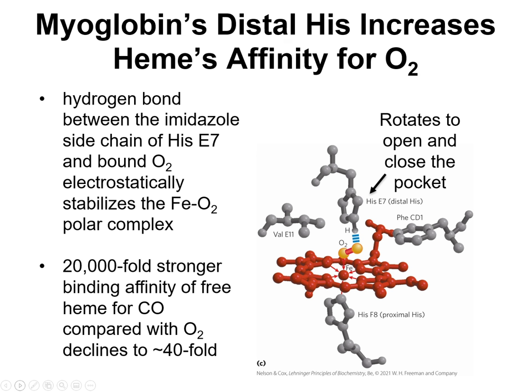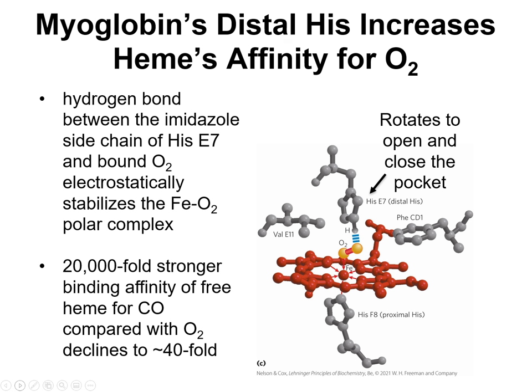There are several interactions within this pocket that encloses the protoporphyrin and houses the oxygen when it is bound. And all of these interactions help to stabilize the bound state of the oxygen bound to this protoporphyrin.